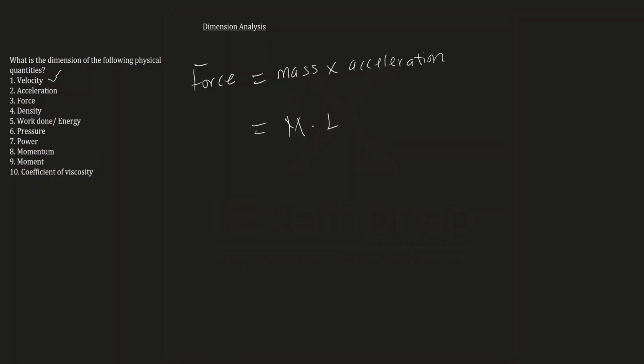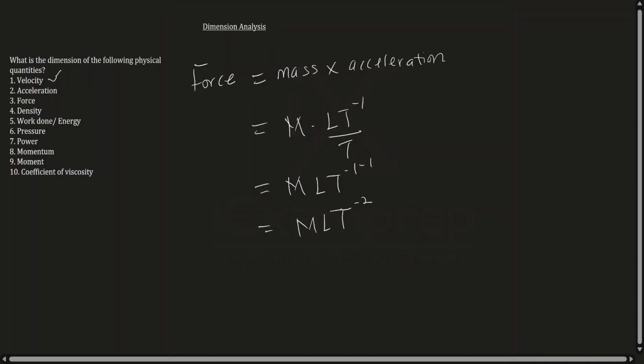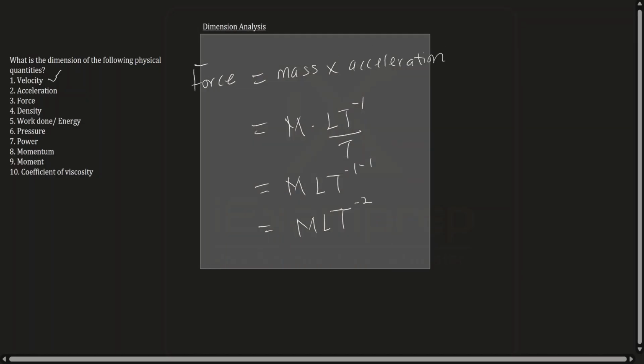Dimension of velocity is LT to the power of minus 1, displacement over time. Acceleration is velocity over time. So put that together, we have MLT to the power of minus 1 minus 1, which is equal to MLT to the power of negative 2. So dimension for force is equal to MLT to the power of negative 2.